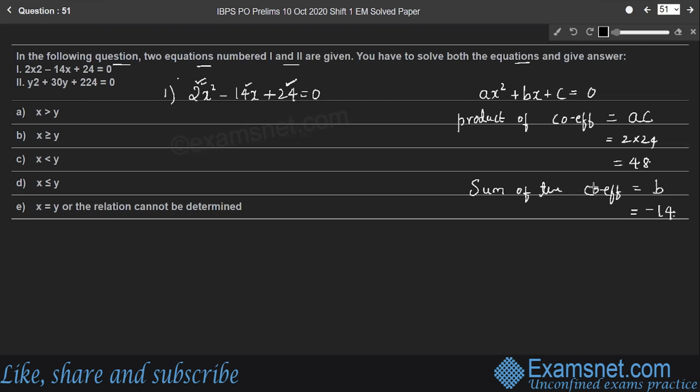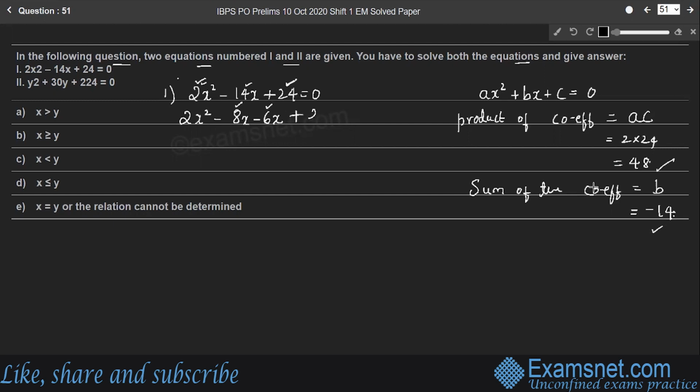Therefore, 2x square minus 14x can be written as 2x square minus 8x minus 6x. So the coefficients are minus 8 and minus 6. Their product is 48, a positive integer. And the sum of the coefficients, minus 8 minus 6, will be minus 14, right?